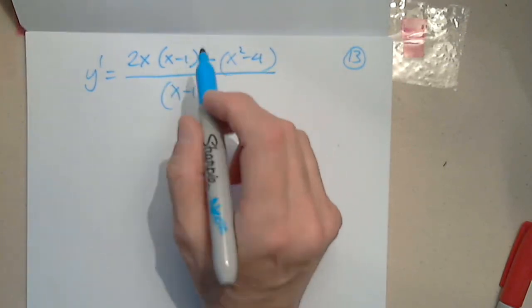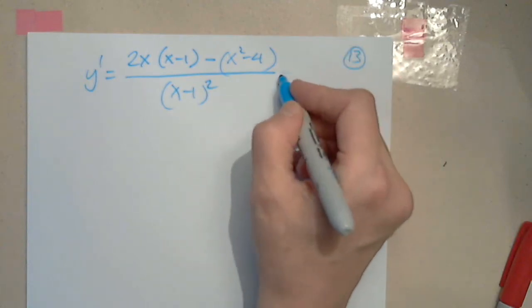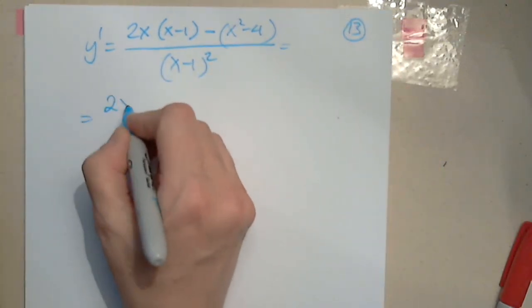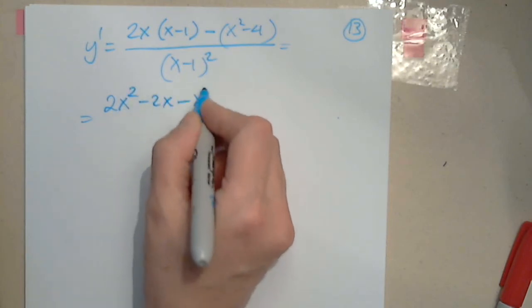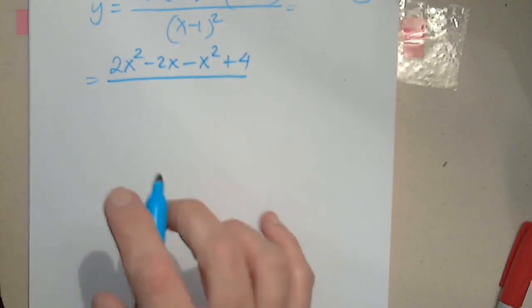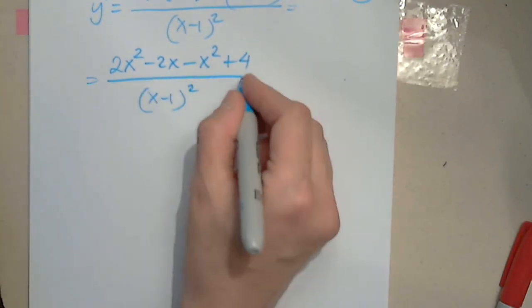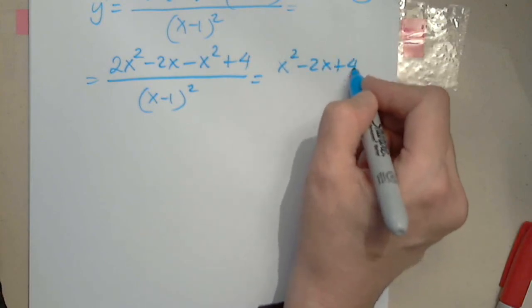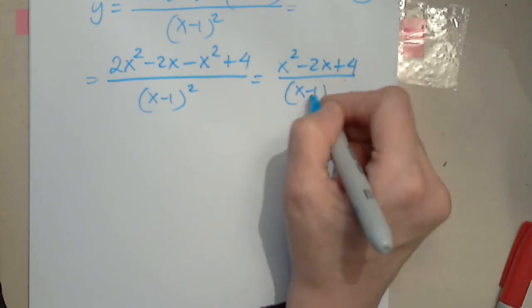Don't be tempted. Don't be tempted. So there is nothing I can factor here. So I'm going to distribute: 2x squared minus 2x minus x squared plus 4, over x minus 1 squared. So this is x squared minus 2x plus 4 divided by x minus 1 squared.